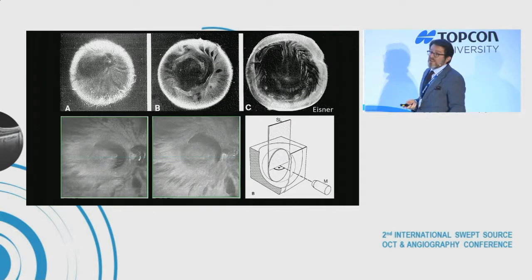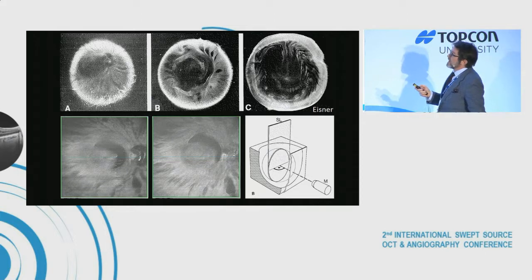Now, what is very striking, you may be familiar with these pictures, is the resemblance of these stills from the Z-scan with Georg Eisner's preparations of vitreous, where he used cadaver eyes, suspended them in a cuvette, and then provided slit lamp, slit beam illumination, and took these really wonderful pictures.